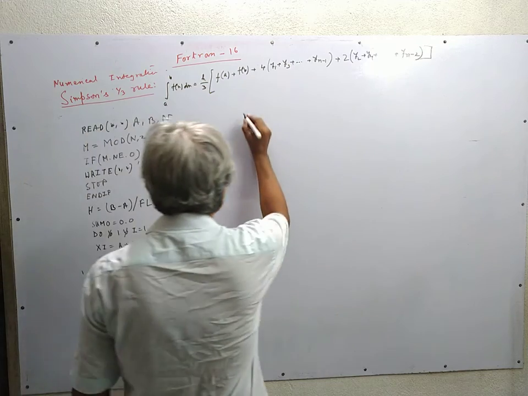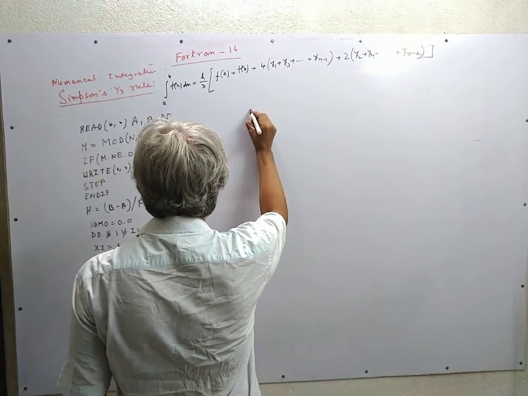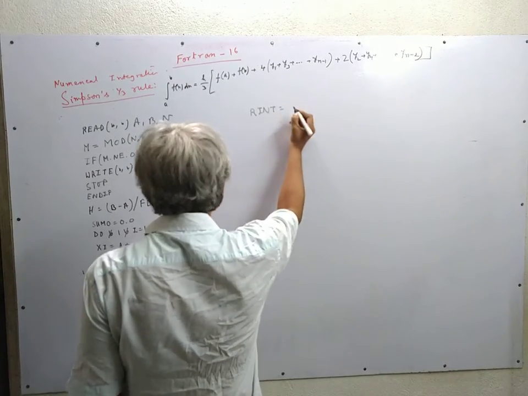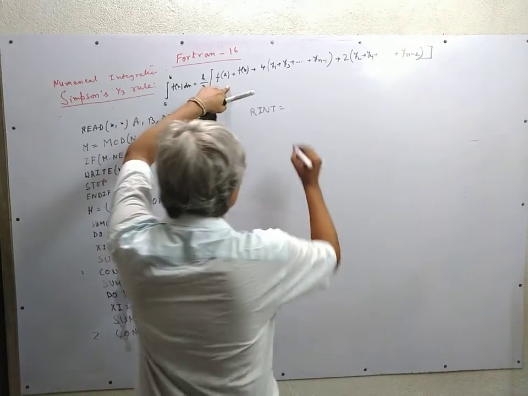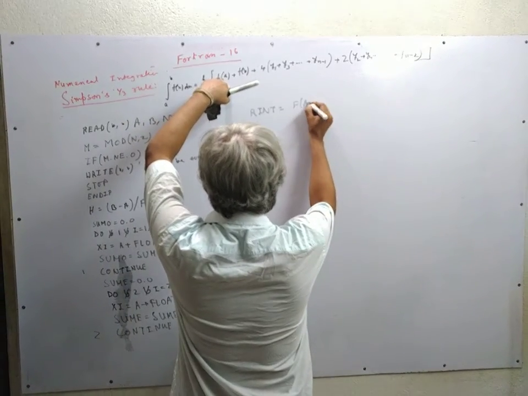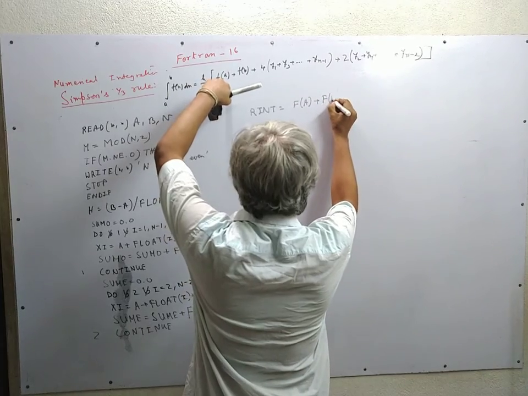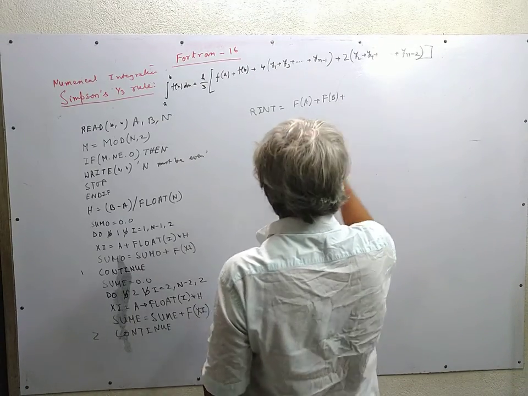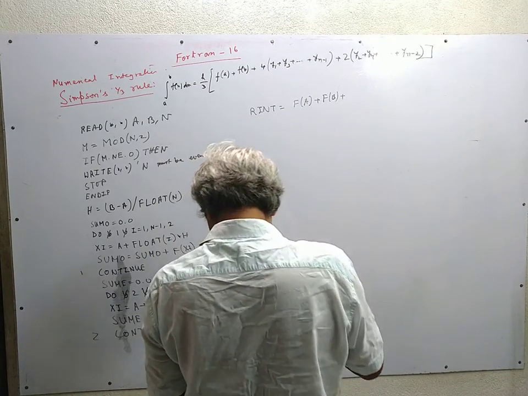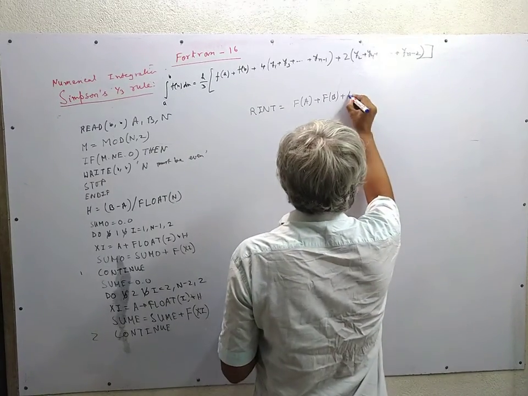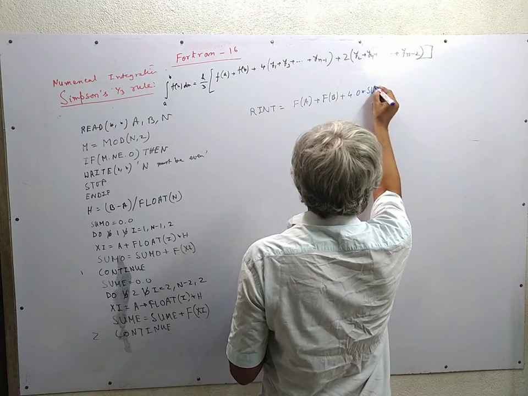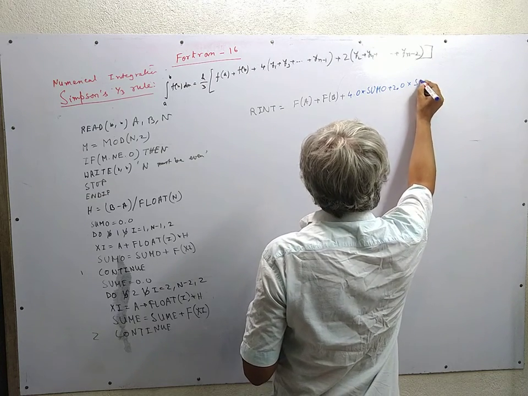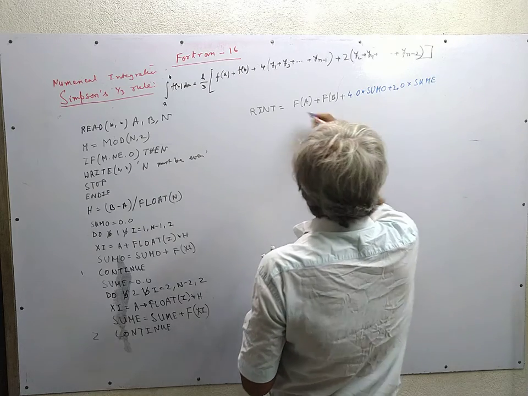Then after this line we come here. RINT is equal to, first we take these two terms, f of a plus f of b, plus 4 times sum odd, that is 4.0 star sum odd, plus 2.0 star sum even.